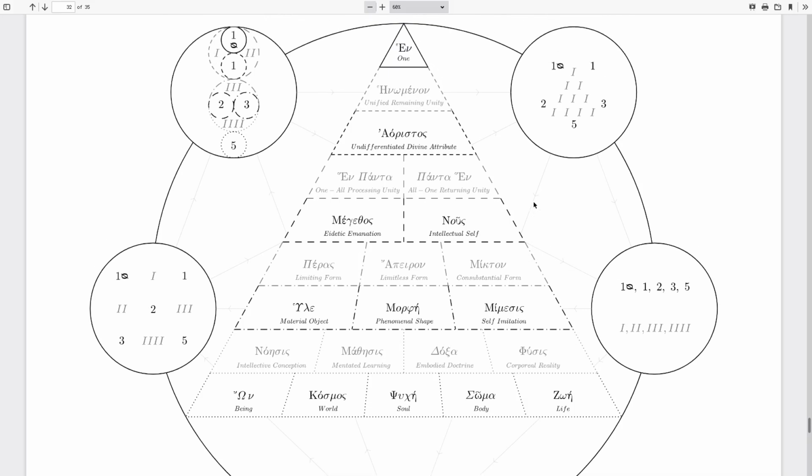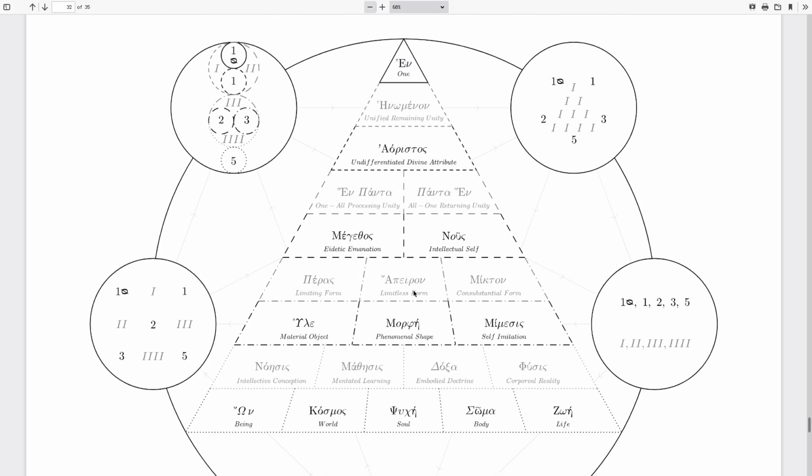Which distinctions of peras, aperion, and micton, yeah, micton. These distinctions could be said of the eidetic magnitudinal expression as well as the nous in itself. Trying to understand this or understanding itself in these terms, which will be like this, trying to understand this as this.